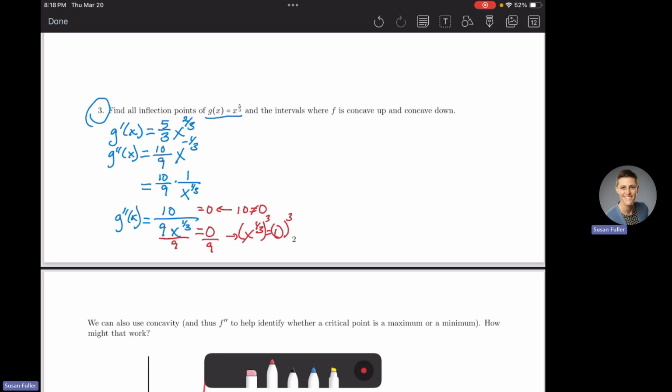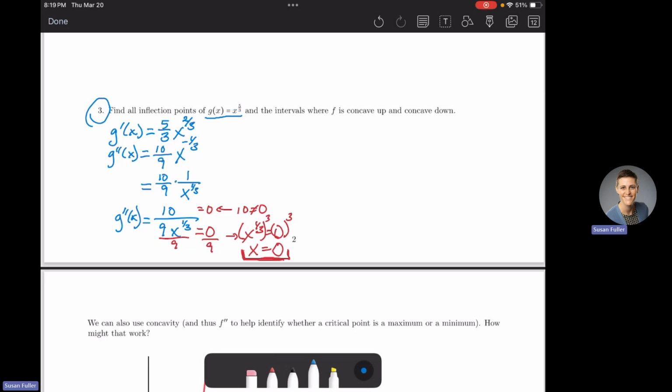X to the 1/3 to the 3rd power, you'd multiply those exponents and you just get x to the 1st. And 0 to the 3rd power is just 0. All right, so the only inflection point that we get from here is this x equals 0 from where our second derivative did not exist.